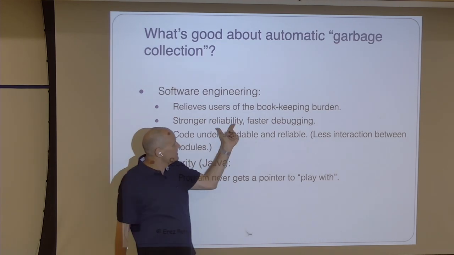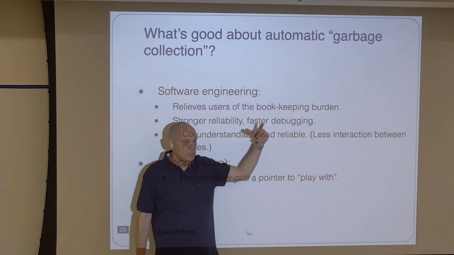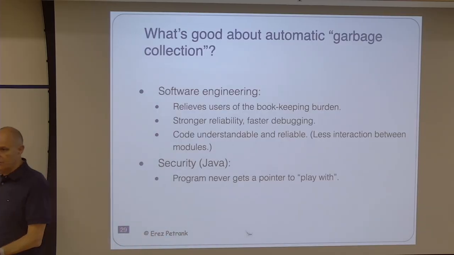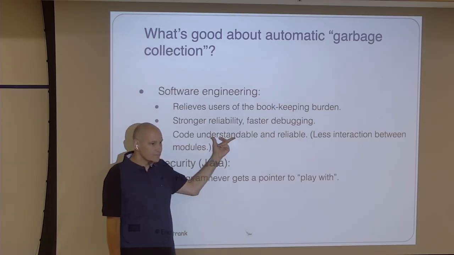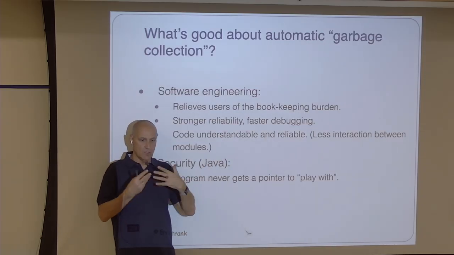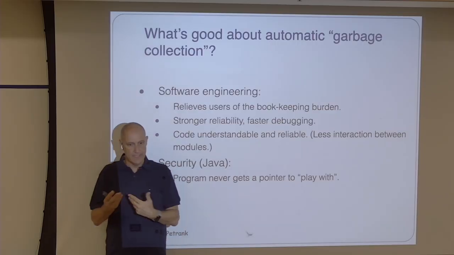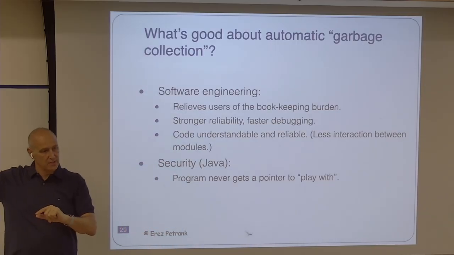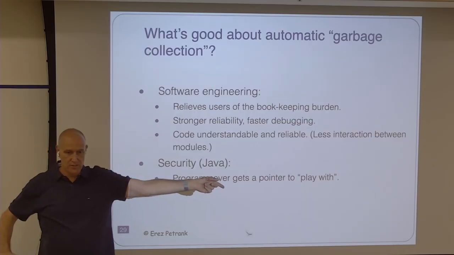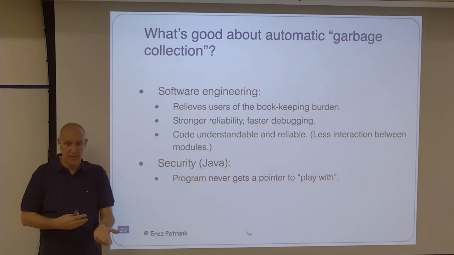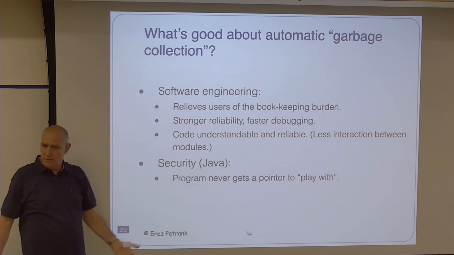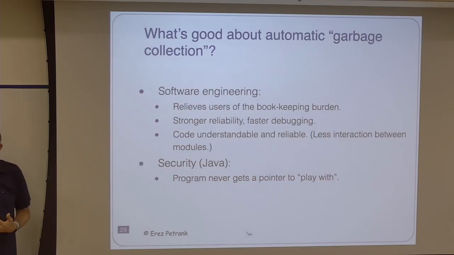Debugging is faster, and you don't have all these memory bugs that were so hard for people in the past. It's also more understandable; the code is more natural and easy. You don't see that if that thing does not need the object anymore and that thing does not need it anymore, then let me free it. This does not appear in the program. There's no free. It just disappears when there's no need for it anymore.